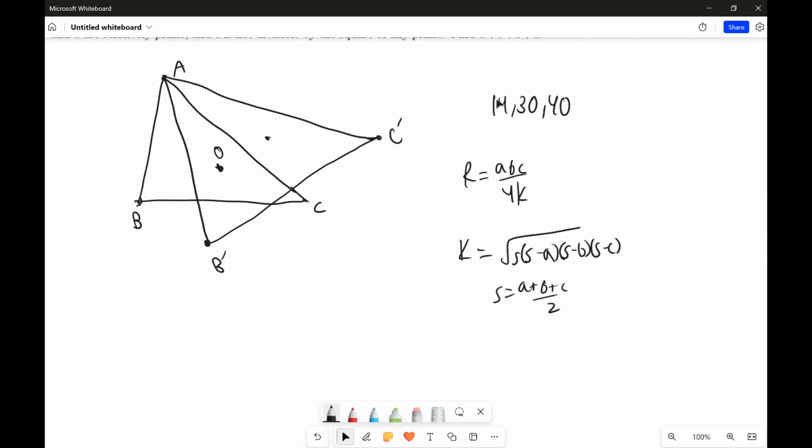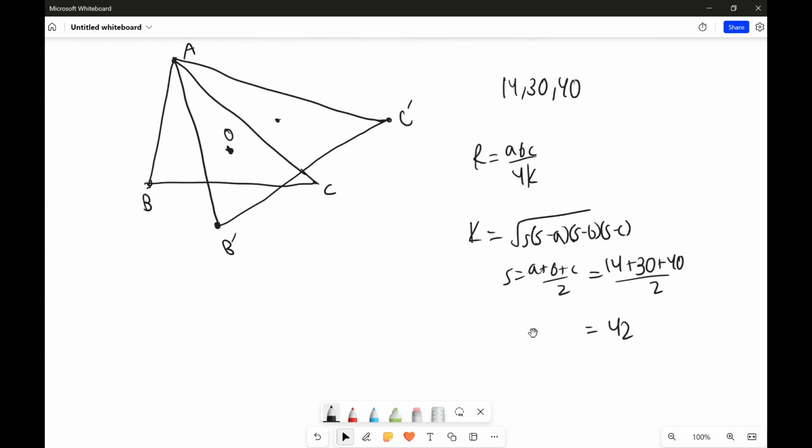If we plug in 14, 30, and 40, we end up getting 14 plus 30 plus 40 over 2, and that becomes 42. And after this 42, we can end up plugging in. So we have 42 times 42 minus 14 is 28, 42 minus 30 is 12, and 42 minus 40 is 2.